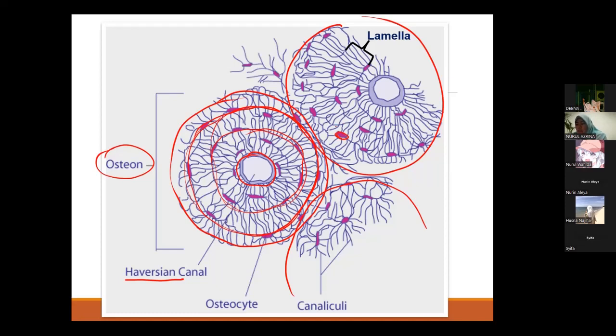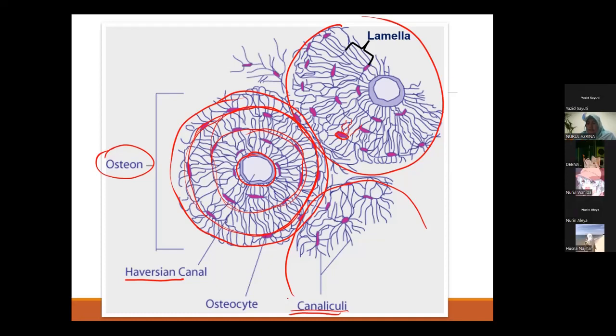So next, what you have is fine projection here, yang macam rambut-rambut ni, alright, that connect one osteocyte in lacunae to another. So that is canaliculi. Okay, right? Can you follow so far? Boleh. Okay.